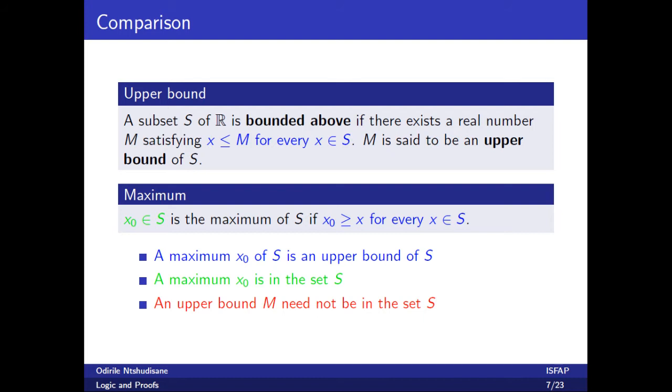We'll recall the definition of an upper bound as an element m which is greater or equal to every element x of S, and a maximum of S is an element x0 of S that is greater or equal to every element of S. Notice that a maximum x0 of S is an upper bound of S. Further, maximum x0 is an element of the set S. An upper bound M need not necessarily be an element of the set S. This is what distinguishes an upper bound from a maximum, and similarly a lower bound from a minimum.